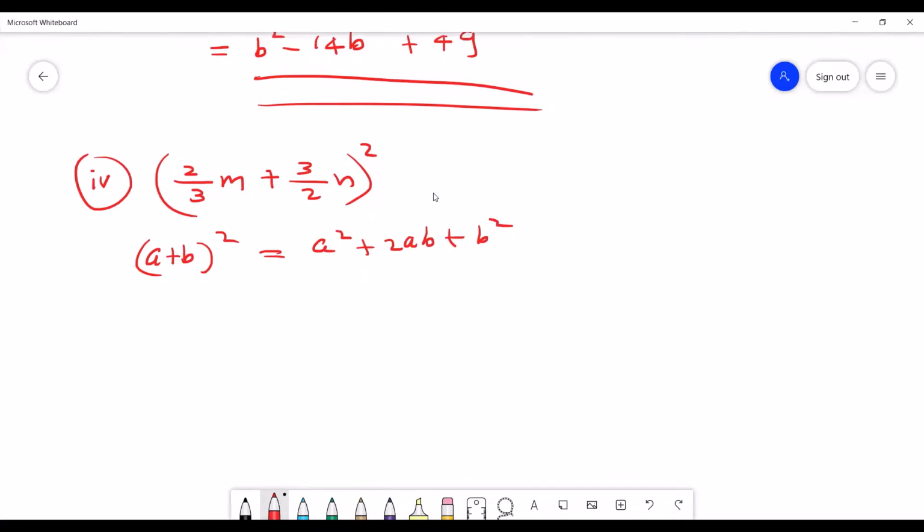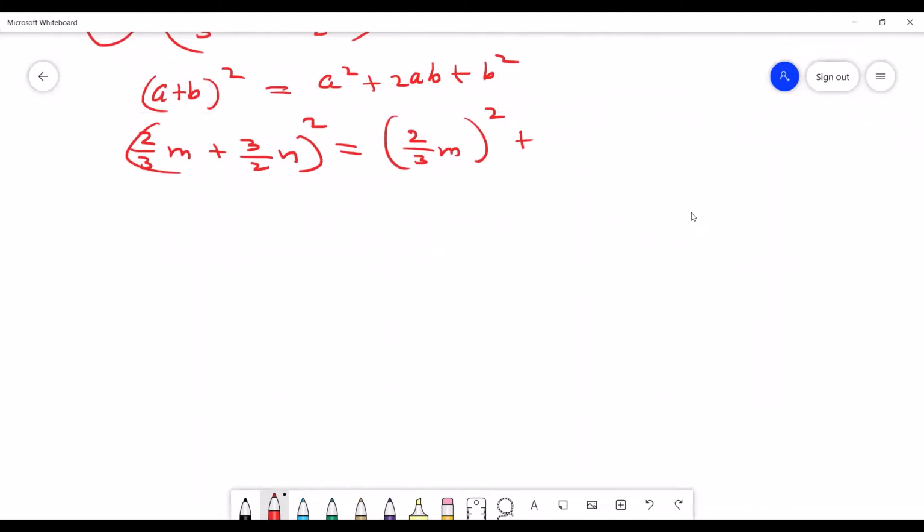It means that (2 by 3 m plus 3 by 2 n) whole square is equal to (2 by 3 m) whole square plus 2 into 2 by 3 m into 3 by 2 n plus (3 by 2 n) whole square.